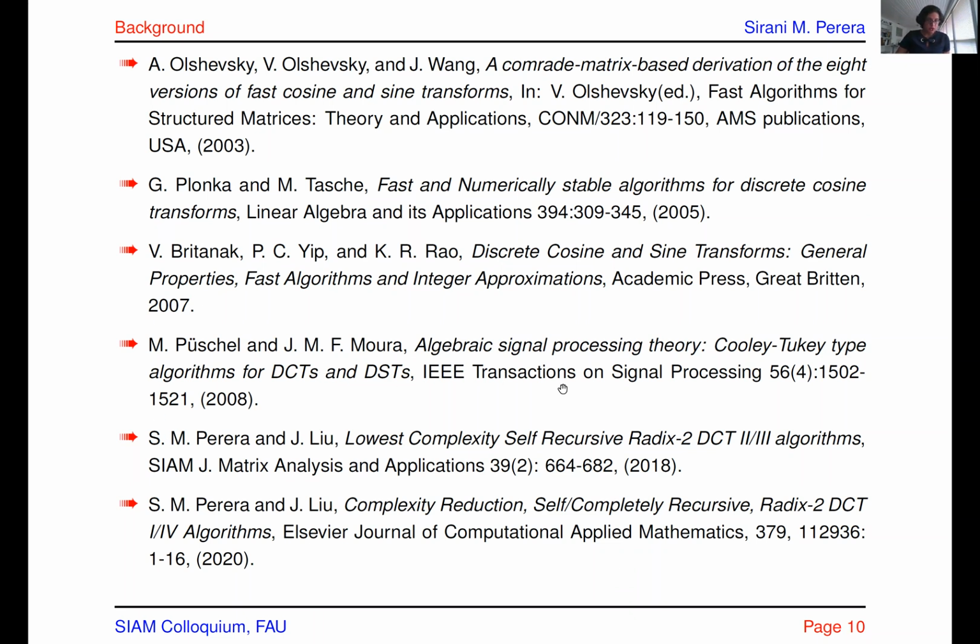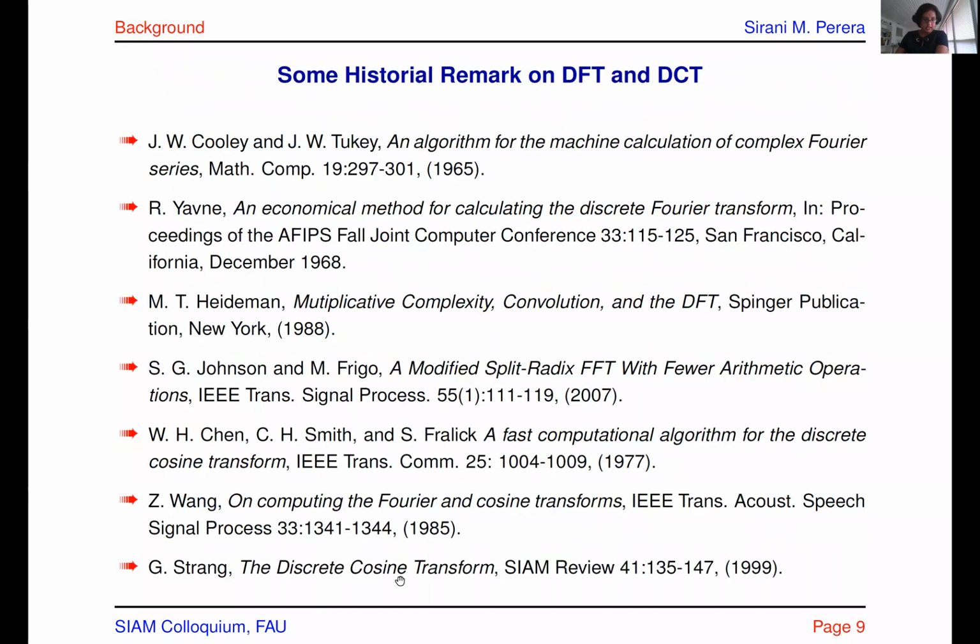Mauras, this paper used the polynomial arithmetic technique. And these are matrix factorization. These two are matrix factorization, and this is a matrix factorization. In the Strang paper, he's the one who first mentioned that columns 1 up to 4 of the discrete cosine transform matrix are the eigenvectors of a symmetric second difference matrix, and hence orthogonal.